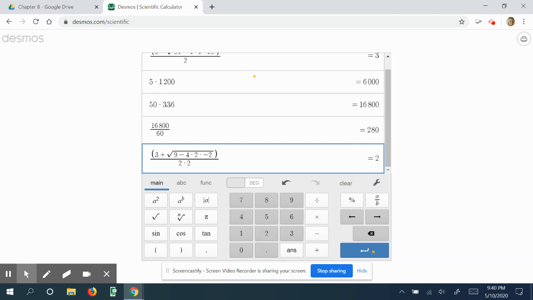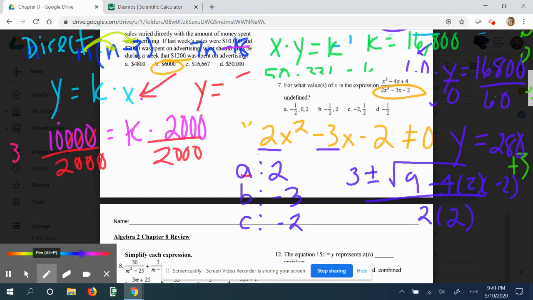There we go. So we get 2. And if I change that minus to a plus, or plus to a minus, I get negative 1/2. So my two values are going to be 2 and negative 1/2. So B is the correct answer for this one. Okay?